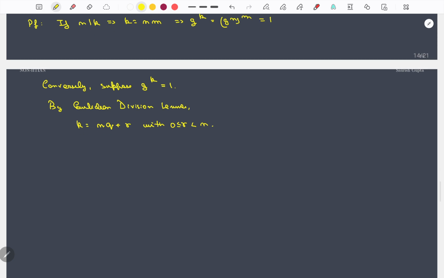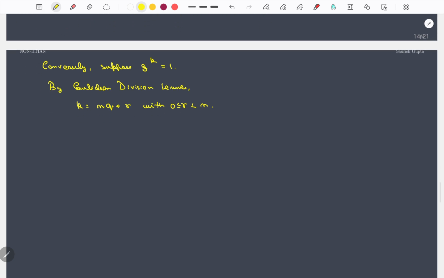This is the typical Euclid's division lemma. From here, this implies that k minus nq is equal to r, and this implies g to the power k minus nq is equal to g to the power r.